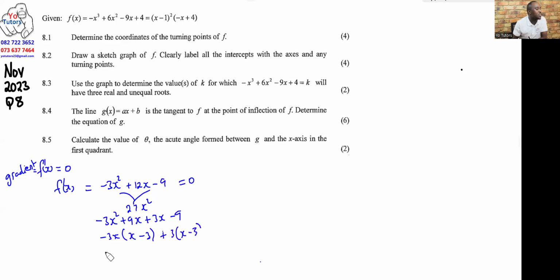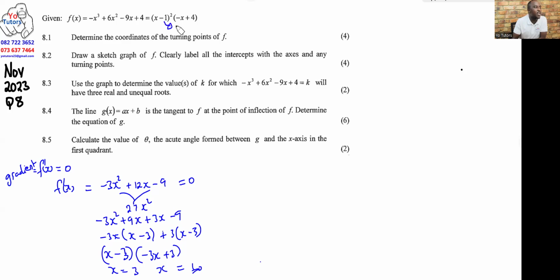So what you will see is -3(x - 3)(x - 1). So our values of x will be x = 3 and x = 1. Okay, already this one we have, because it's given in the equation.